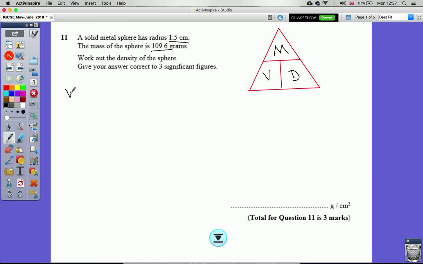So the volume of a sphere is 4 over 3 pi r cubed. So if I do 4/3 times pi times 1.5 cubed, see what we get.